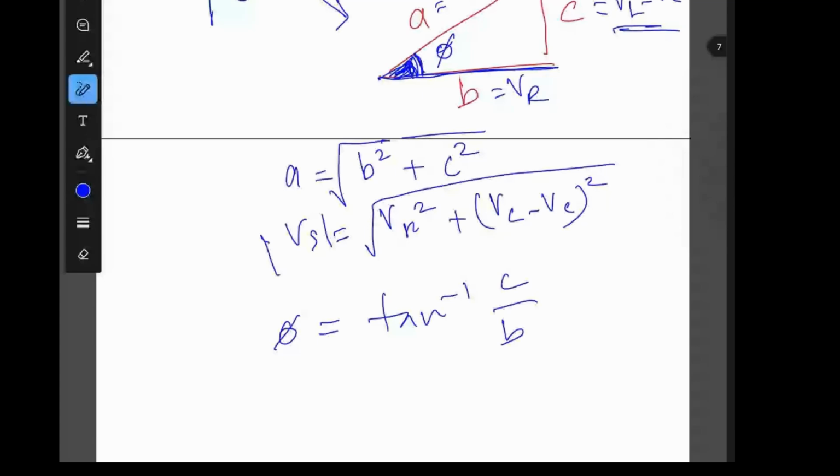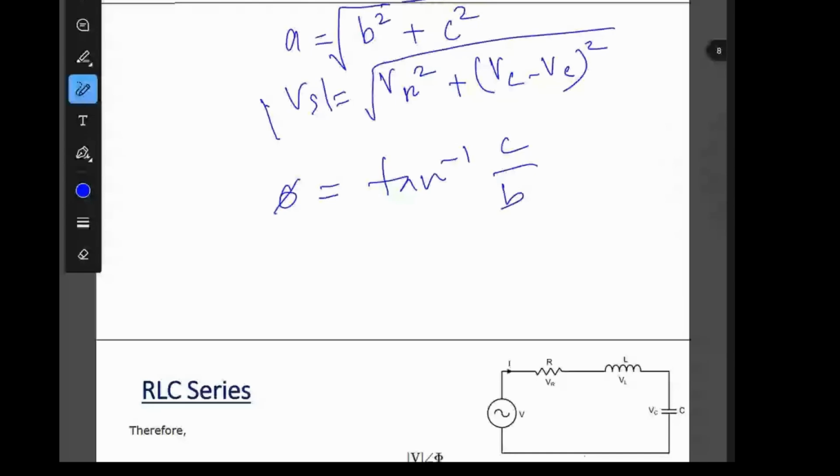And then the angle, the angle of the triangle. Theta equals tangent of C over B. Hello, any problem?